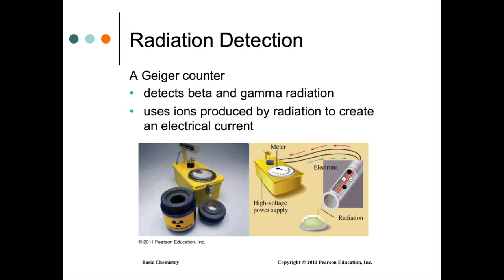So that is basically, in a nutshell, how a Geiger counter works. The clicking noise is just an added thing to make it a little bit easier to qualitatively figure out how much radiation you're dealing with without having to look at your readout all the time.